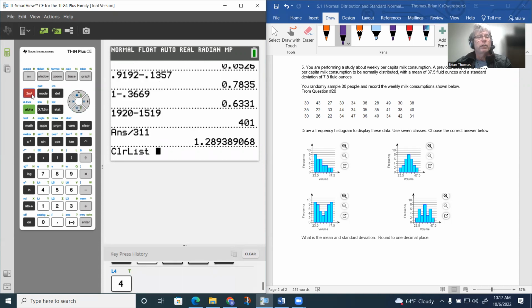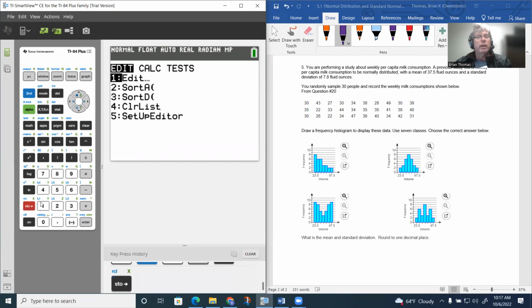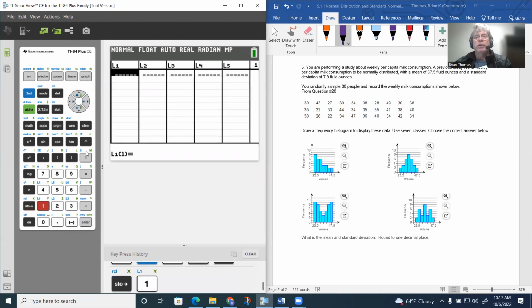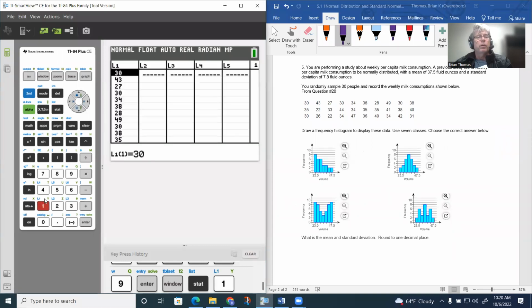If I want to clear L1, I hit second L1 and it'll clear L1. So anyway, I want to put my data in. I'll pause my video for a second and get this data into my calculator. So I've got my data entered.